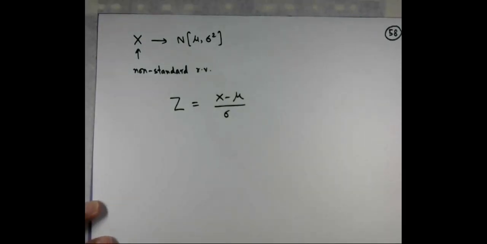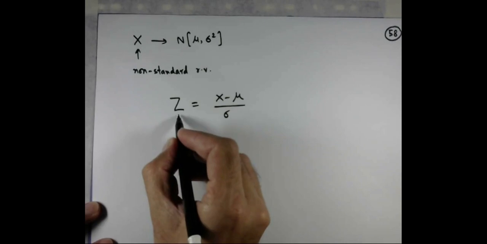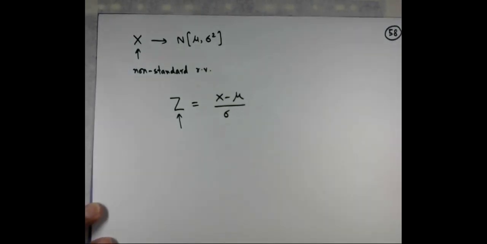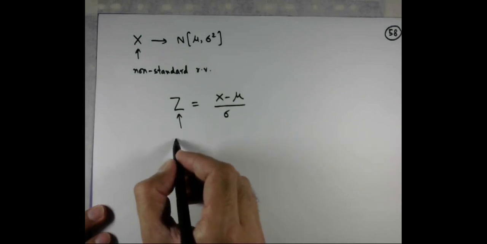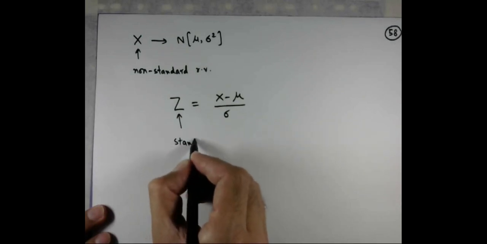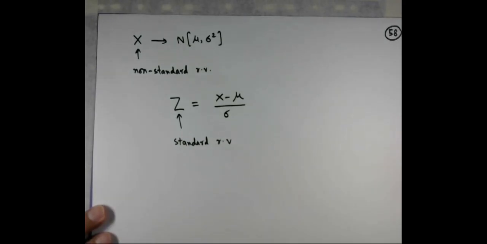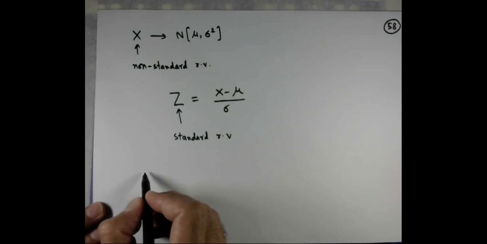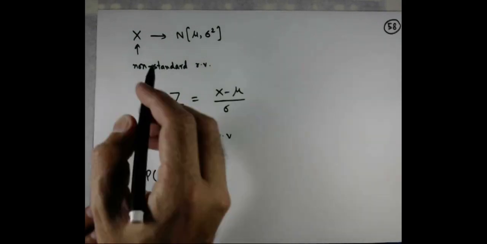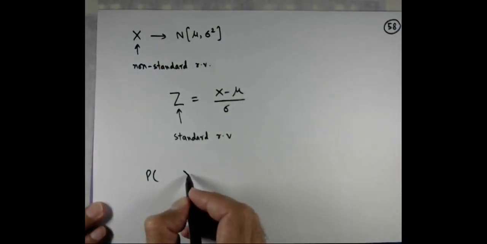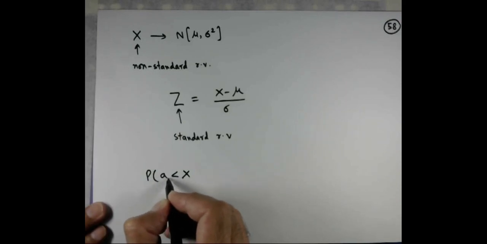If you do this, the mean will become 0 and the variance will become 1, and so you will call this a standard random variable.